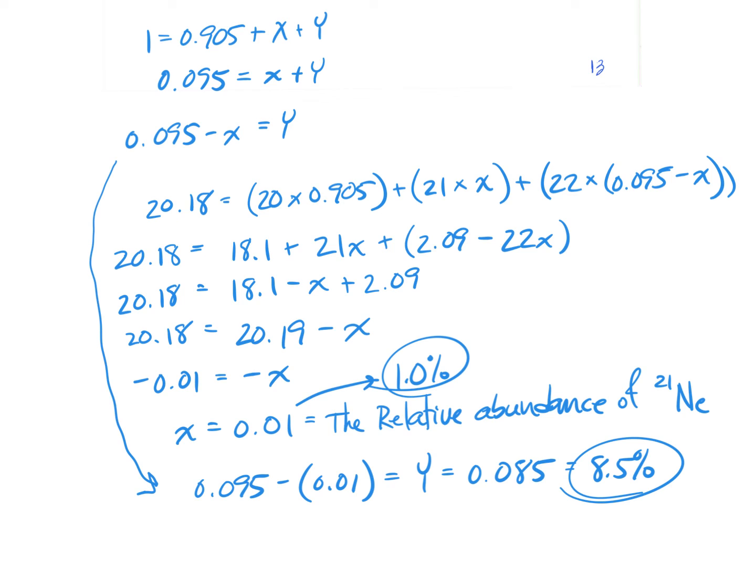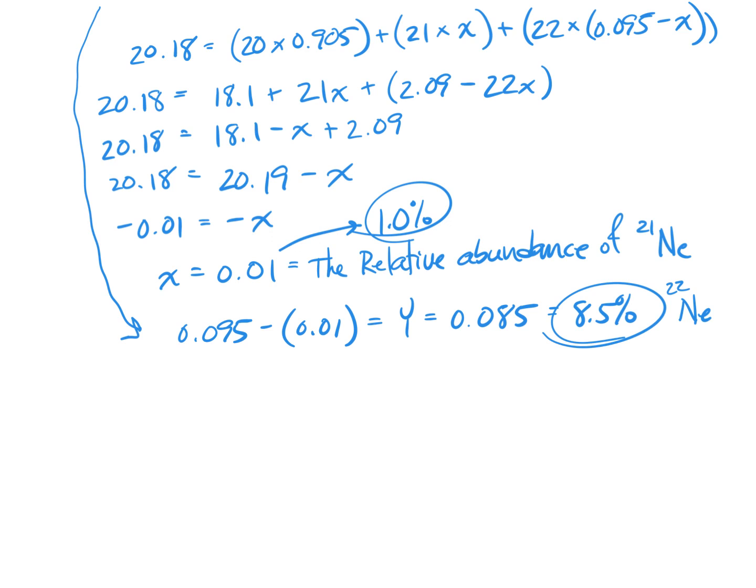I got 1%, and if I follow this equation here to find the relative abundance for Y, I take 0.095 minus my X value, and I get my Y value, which is 8.5%, which is neon 22.